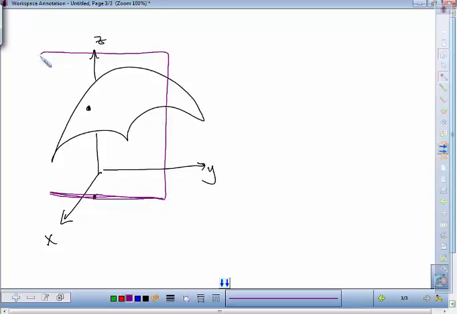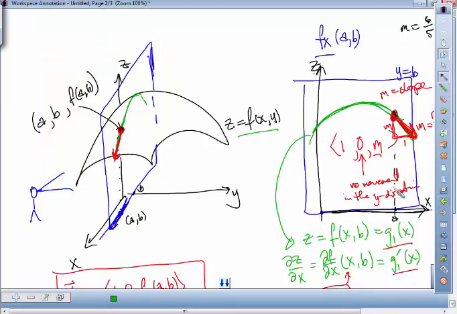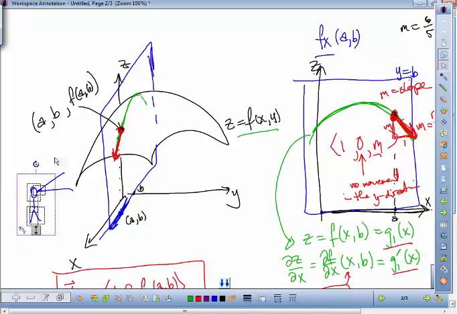Oh, actually, I think I drew that guy standing in a negative y. I think he should have been standing in a positive y. Not that it matters anymore. This guy. Does it look right?